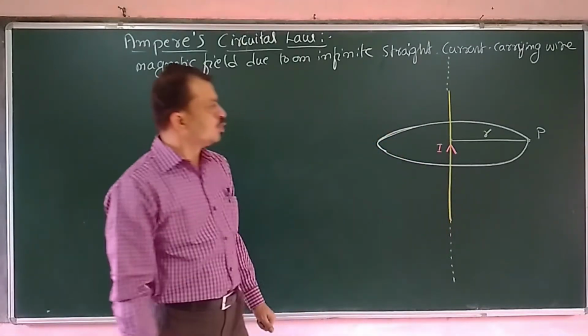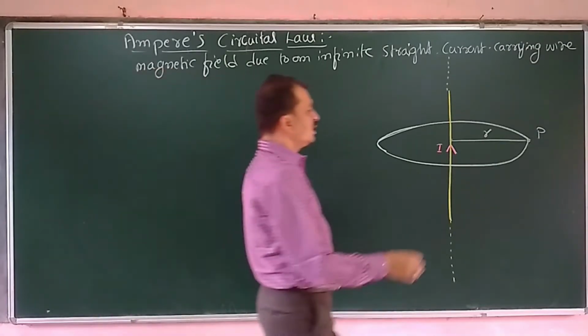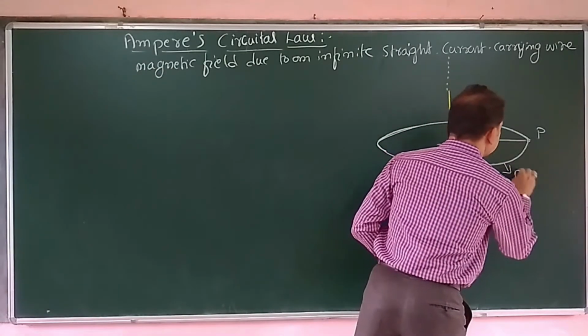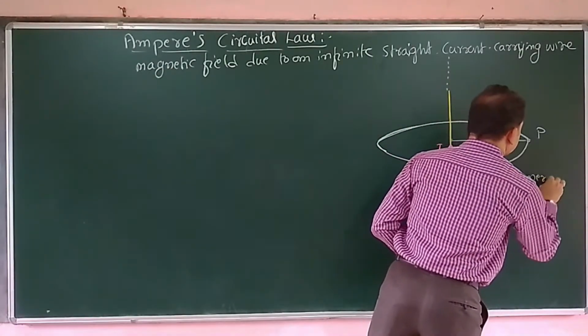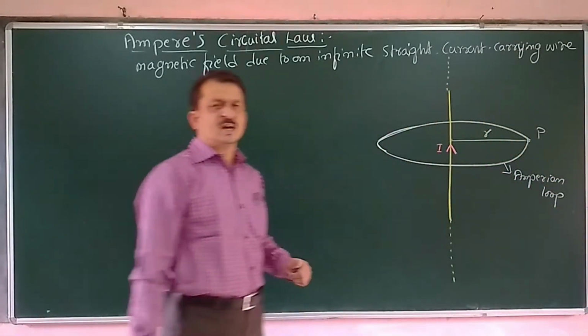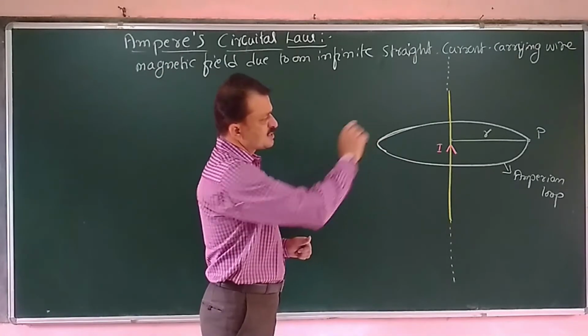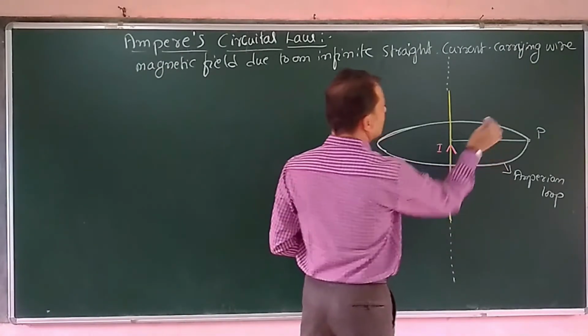This is the circular loop of radius r. Therefore, this loop is called an Amperian loop. Here it is a circular loop of radius r.